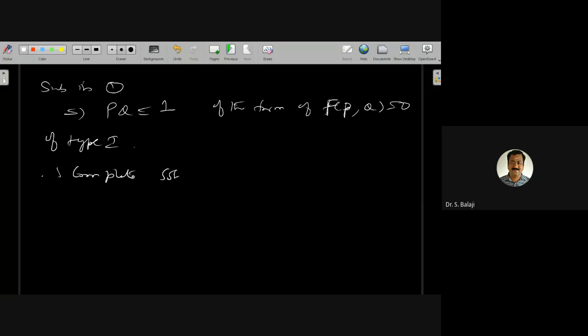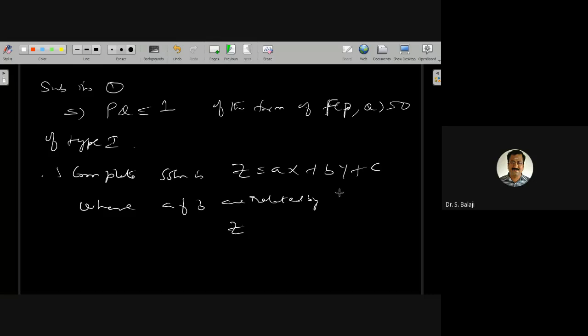For the complete solution, capital P is a and capital Q is b, where a and b are related by F of a b equal to 0, that is a b equal to 1, b equal to 1 by a.